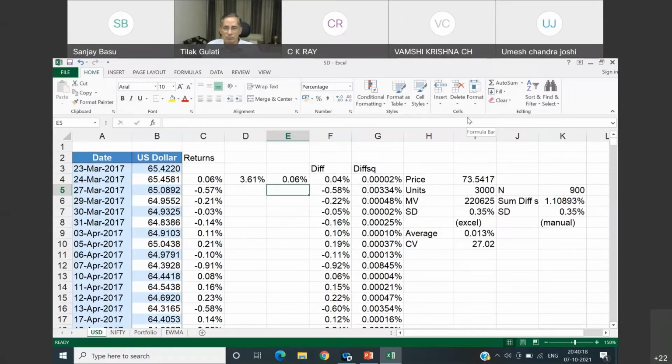Tata Motors 100 to 130, Reliance Petrochemicals 200 to 230. Which one is a better deal? Tata. Yes, 30%. That's why returns are useful, right? So returns are also comparable over time.